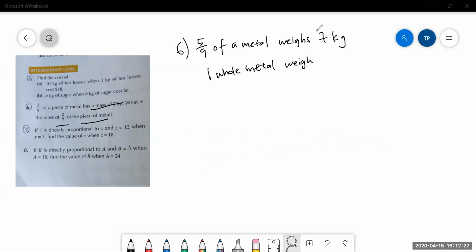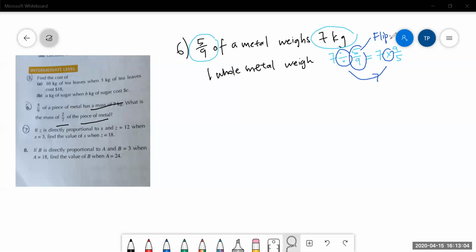Remember, just now we used this part to divide by 5/9. So we will be using 7 kg divided by 5 over 9. We'll get 7 kg times 9 over 5, because when the division flips to multiplication, the fraction here will flip.